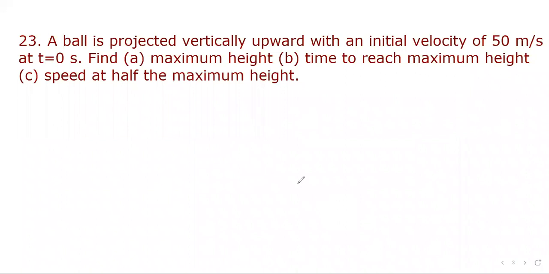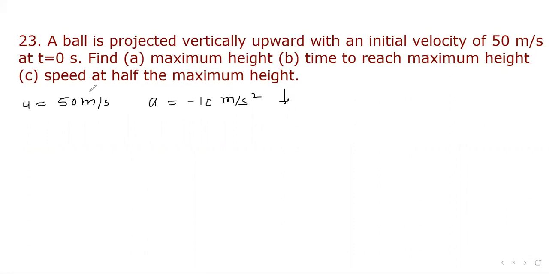Question 23. A ball is projected vertically upward with an initial velocity of 50 meters per second. The value of u is 50 meters per second at t equal to 0. Find maximum height, time to reach maximum height, and speed at half the maximum height. So acceleration due to gravity, a, will be minus 10 meters per second square.